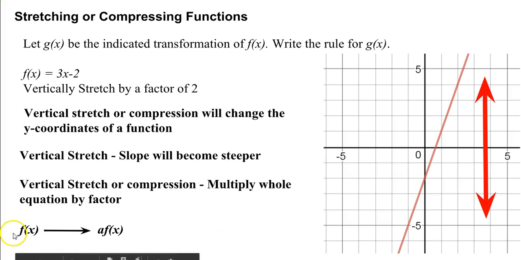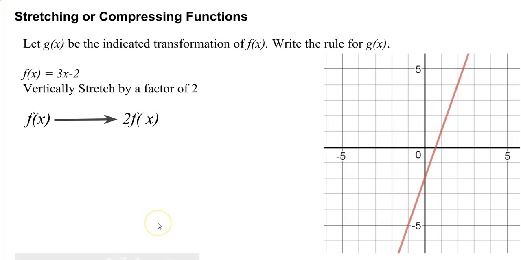What does that look like? Our original equation, f of x, is going to change to the factor a times f of x. So with our first one, f of x is going to change to 2, our factor, times f of x. And then we can go g of x is equal to 2 times f of x.